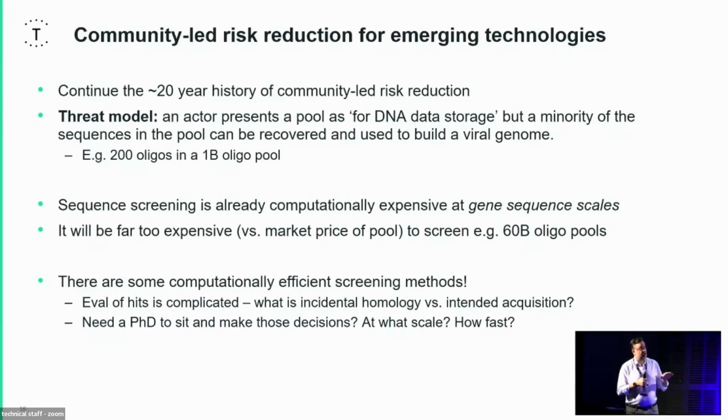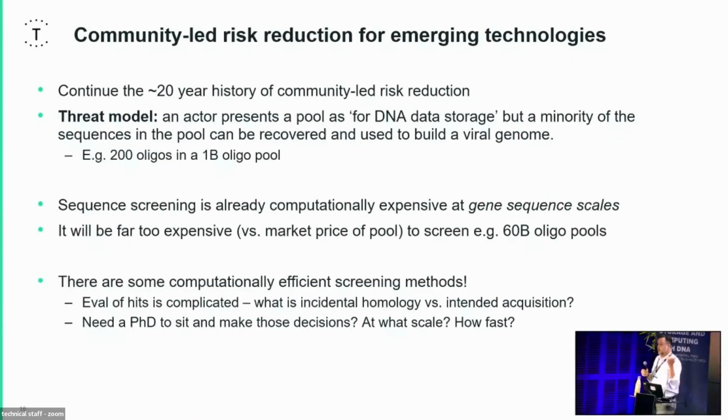So up front, what we really want to avoid is the need to carefully screen DNA storage pools to look for potential risk, because it's going to be really expensive versus the price that the market is likely to bear. So you want to remove the need to do that entirely while building confidence that it's not going to be subject to misuse.